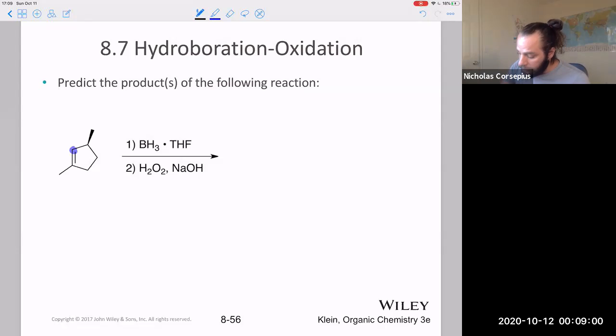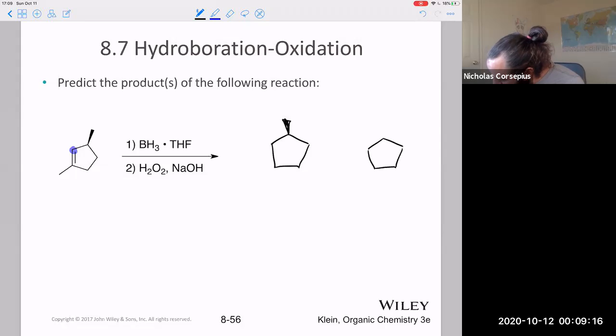And then importantly, I'm going to make sure to add my hydrogen and my OH group to the same side, because this is a syn addition. Notice neither of these is going to change the stereochemistry of this top methyl group. But I'm going to either have both my hydrogen and my OH group added to one side.